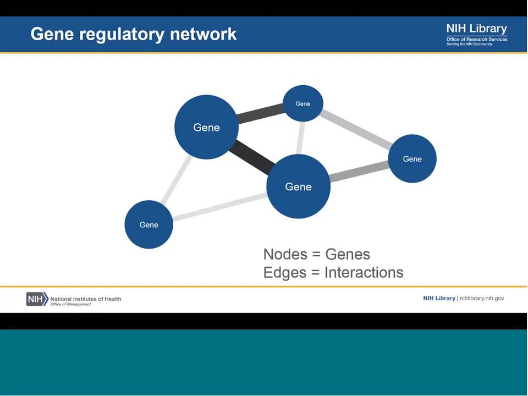Another kind of network that's very common in biomedical research is gene regulatory networks. What's interesting here is that the nodes represent genes, and the edges between them represent interactions or regulation relationships between genes. You could also do gene-RNA networks, RNA-protein networks, protein-protein networks.